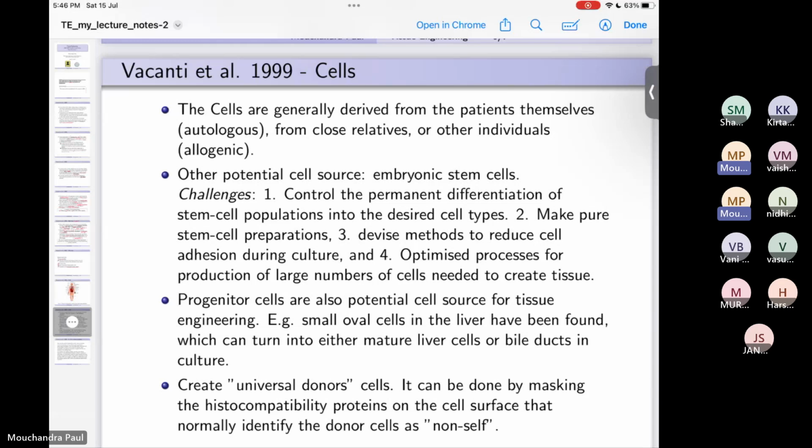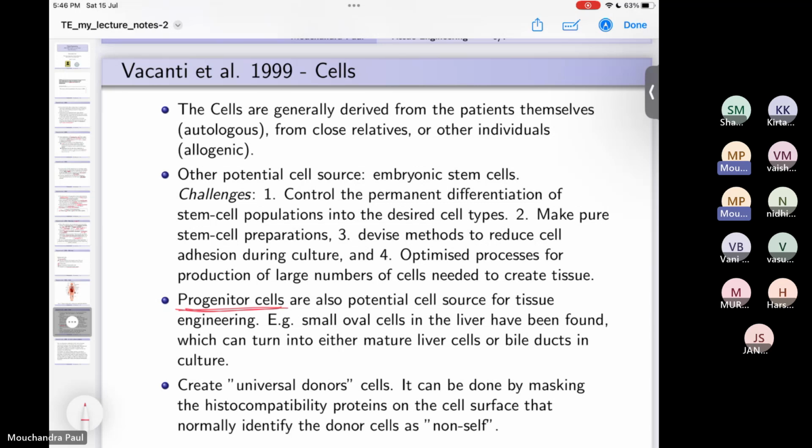So another potential cell source is the progenitor cells. So what are progenitor cells? We'll talk about them when we study the stem cells. But for now, think of these as unipotent cells, meaning they can only differentiate into one type of cell.